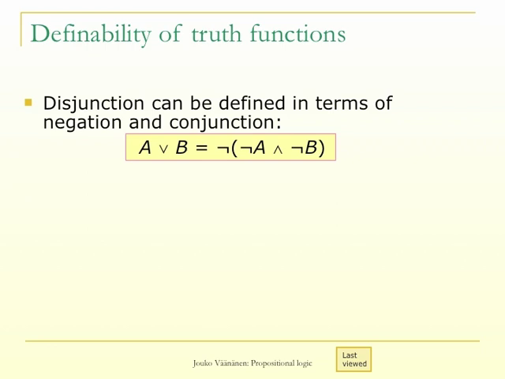Technically speaking, the connective disjunction can be obtained by composition from the connectives negation and conjunction. Composition means roughly speaking the same as successive application. Like in the above definition of A or B, we first apply negation to A and to B, then conjunction to the result, and then finally once again negation.